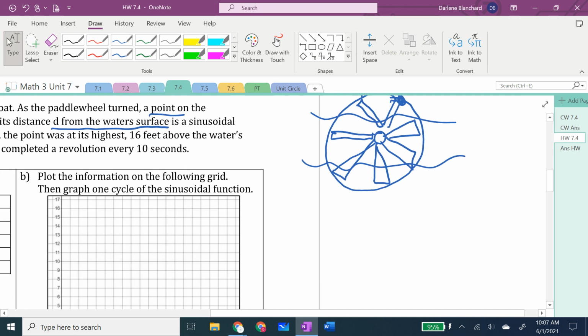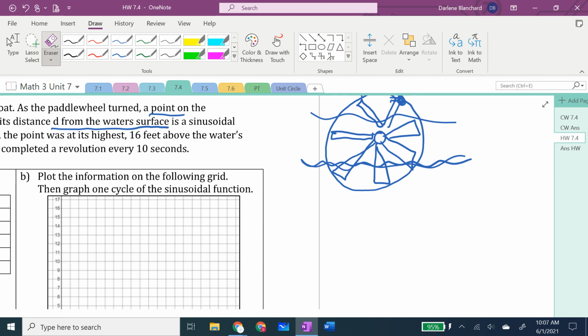And actually, where should the water be if the paddle wheel is going to work properly? Where is it normally at? If you think of a steamboat, you can always Google steamboat and look up images, and you'll probably see that.